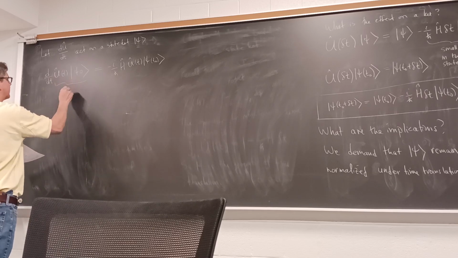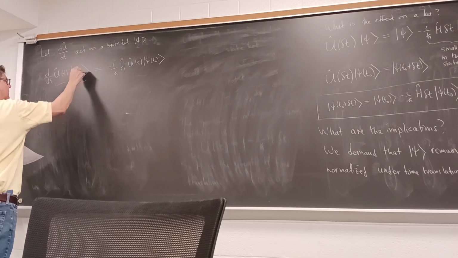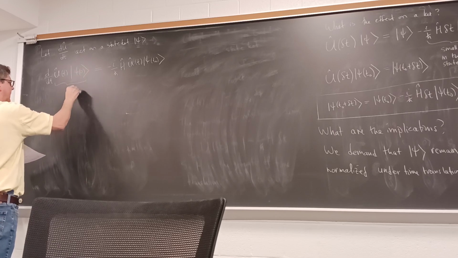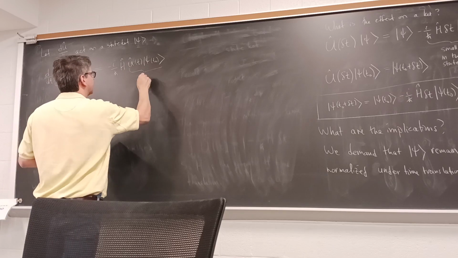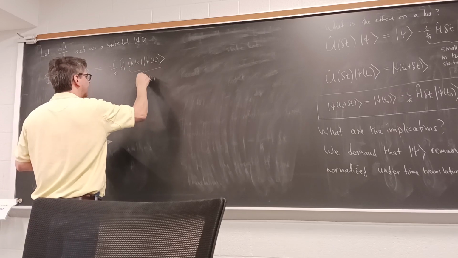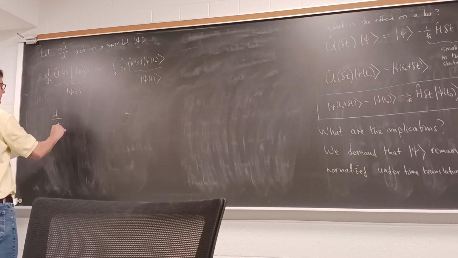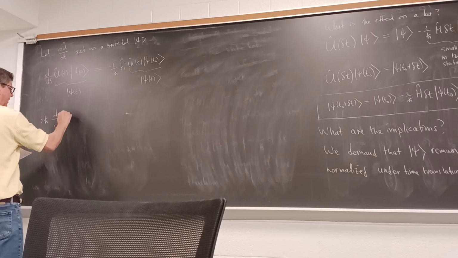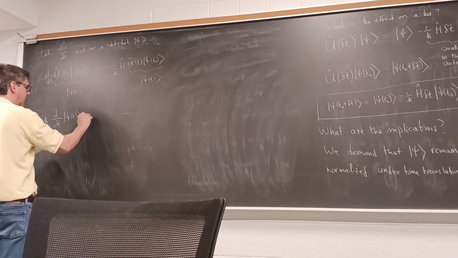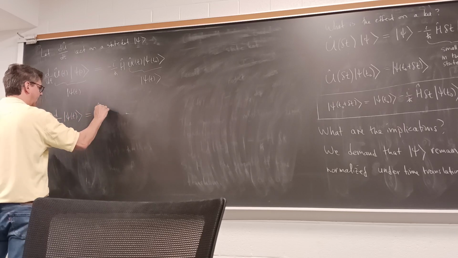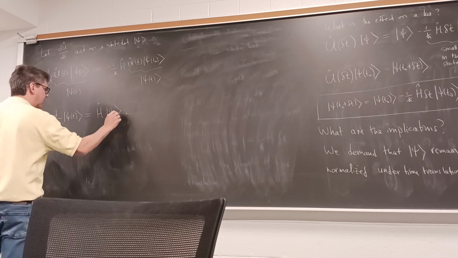But this is psi of t, and this is psi of t. So we have the time rate of change: i h bar times the time rate of change is equal to H hat psi of t.